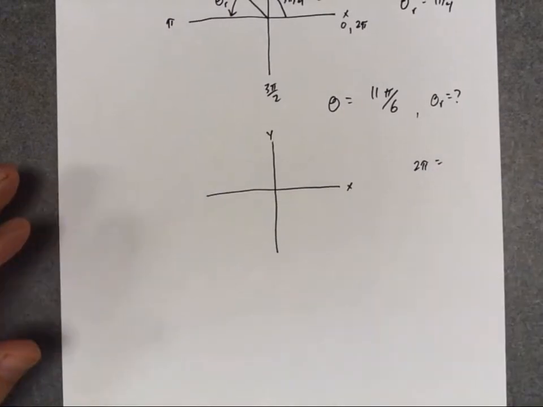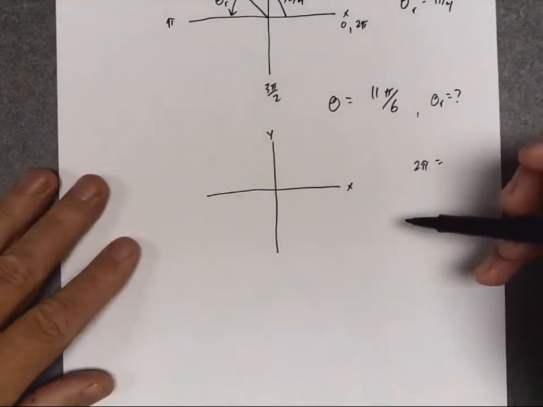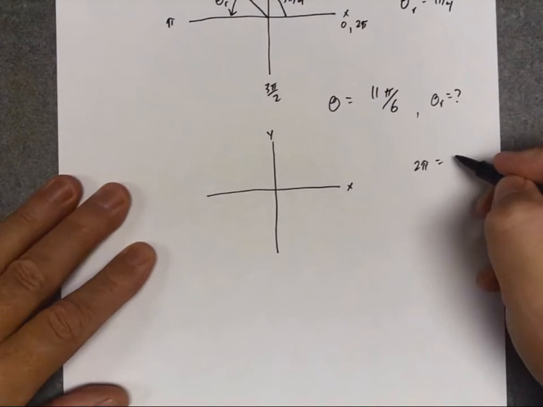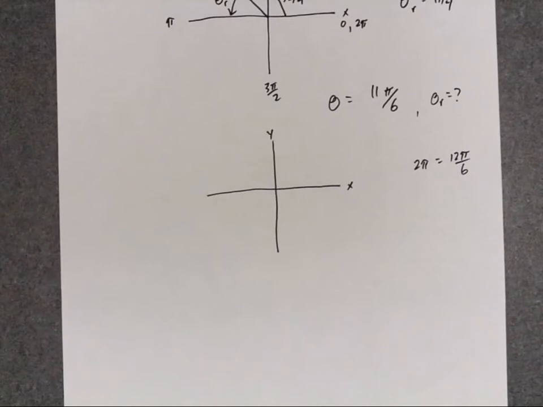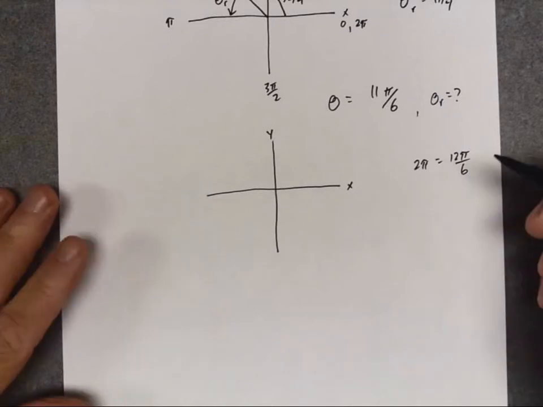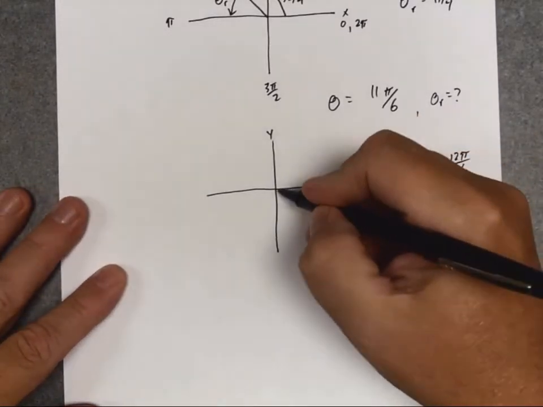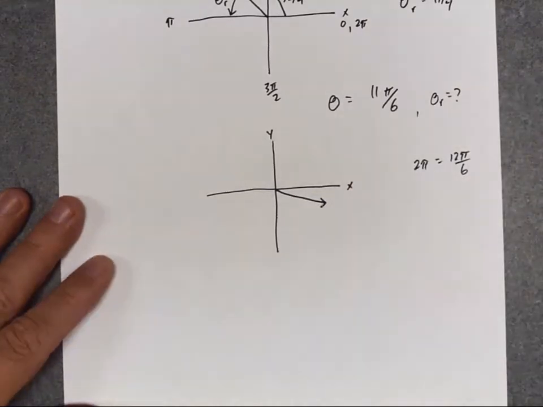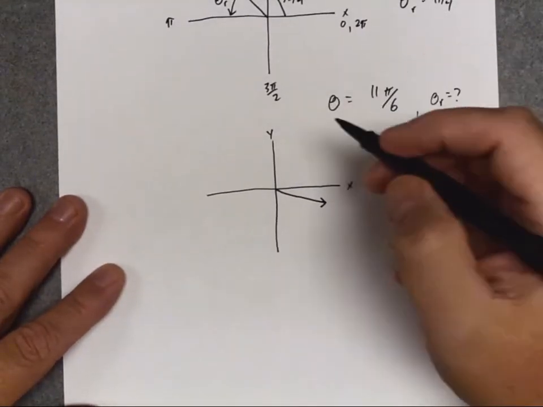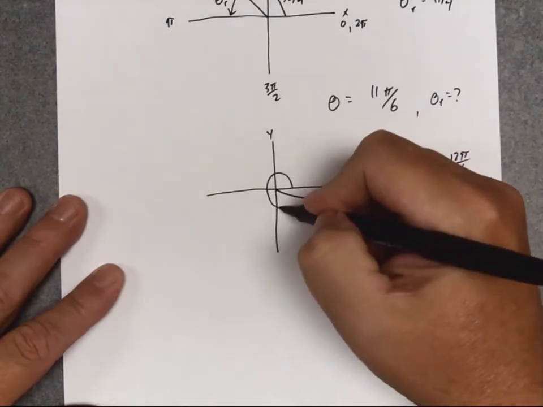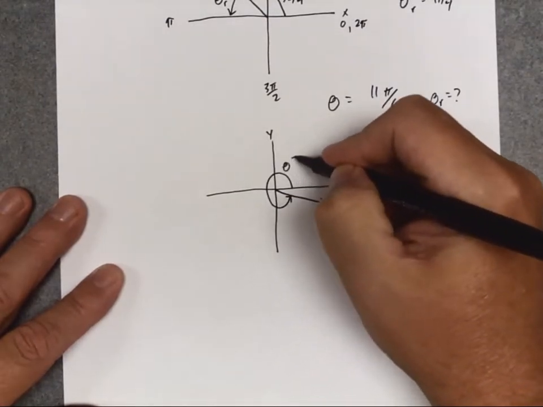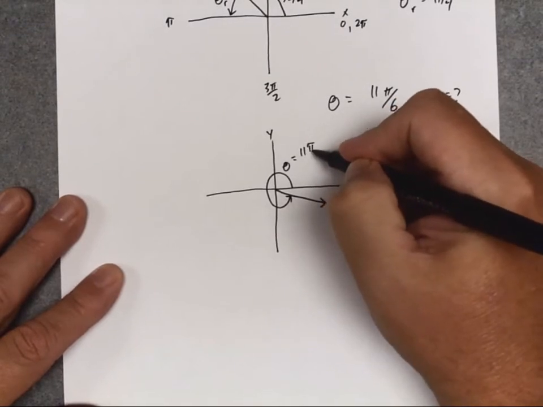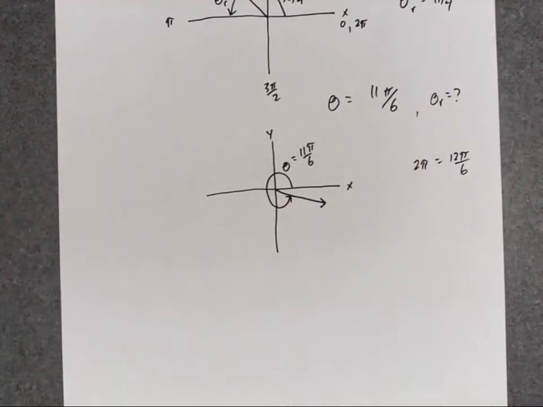However, if I rewrite 2 pi with a denominator of 6, that would be 12π/6, right? 12/6 is the same thing as 2. So 11π/6 means it's just a little bit short of the original y-axis. So this angle right here would be 11π/6.